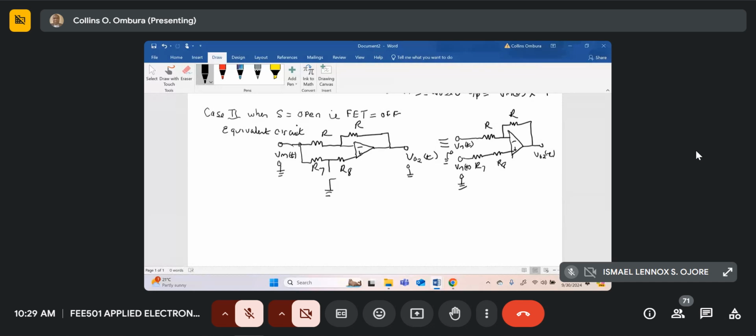So let's consider the output due to the non-inverting input only.